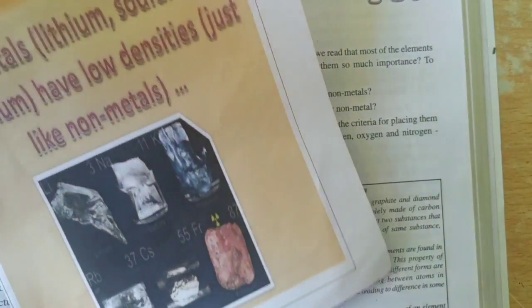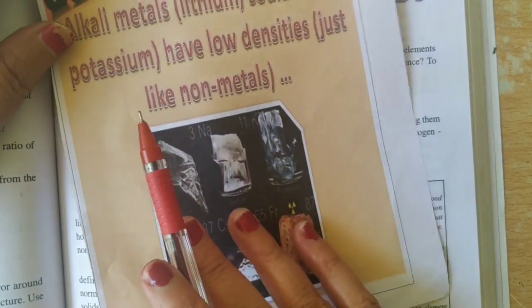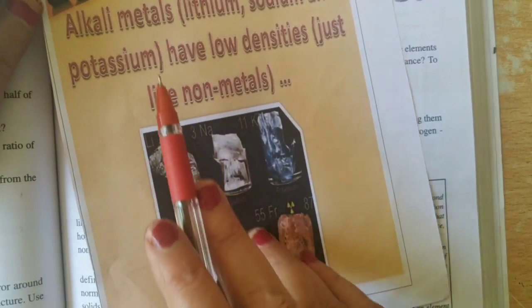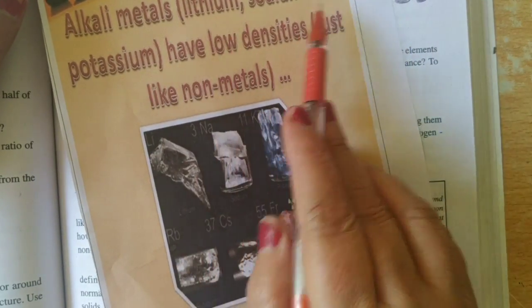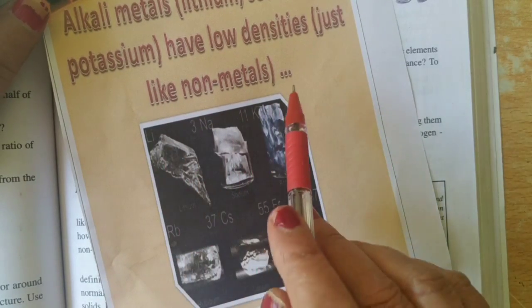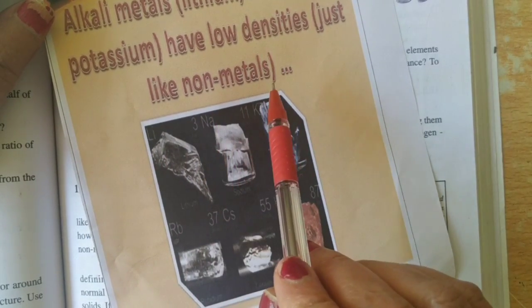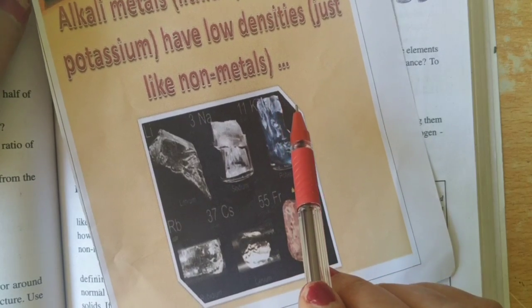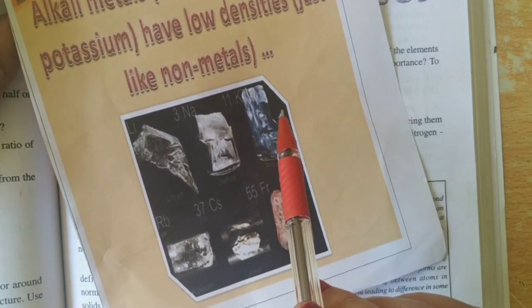Now about density. Alkali metals, lithium, sodium and potassium have low densities just like nonmetals. It means nonmetals also have very low density.